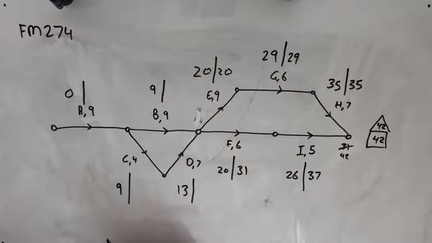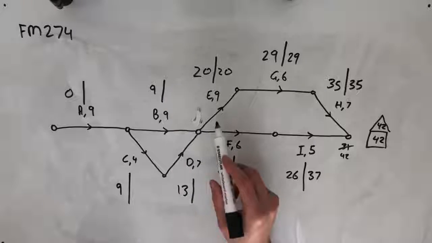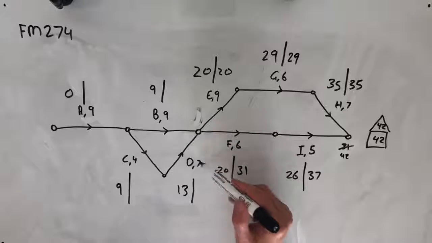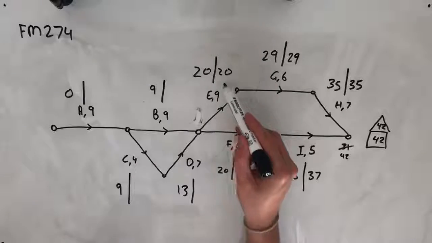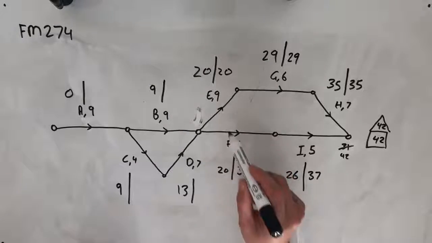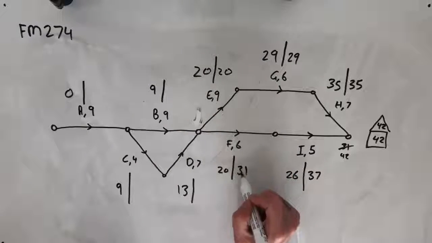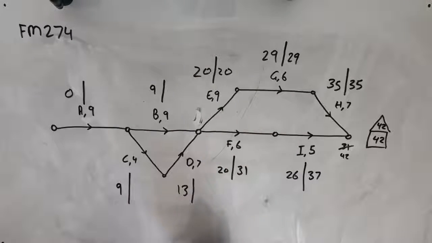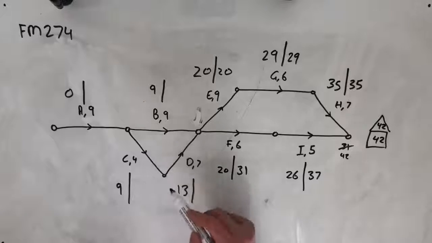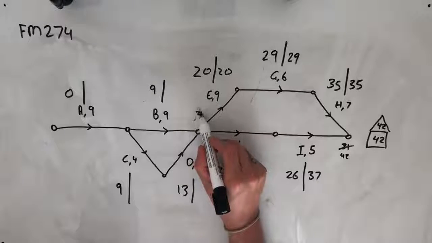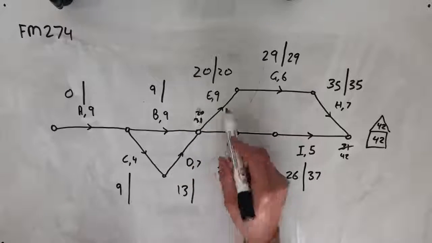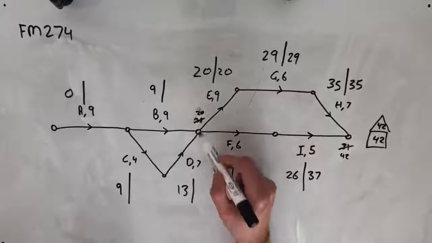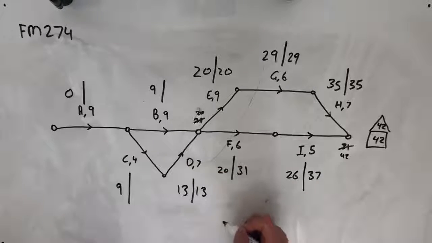And from here, for D, we'd be looking at our 2 latest starting times, either F or E. So we're tossing up between minusing 7 from 20 or minusing 7 from 31. When we're doing our backward scans, we always pick the lower out of our 2 options. So we're going to pick the 20, and take our 7 away from 20 to give us 13.